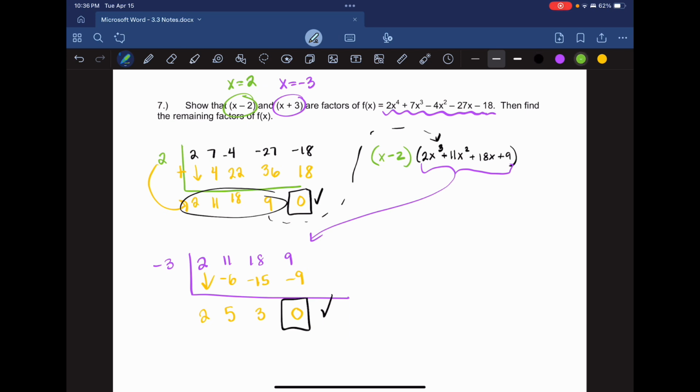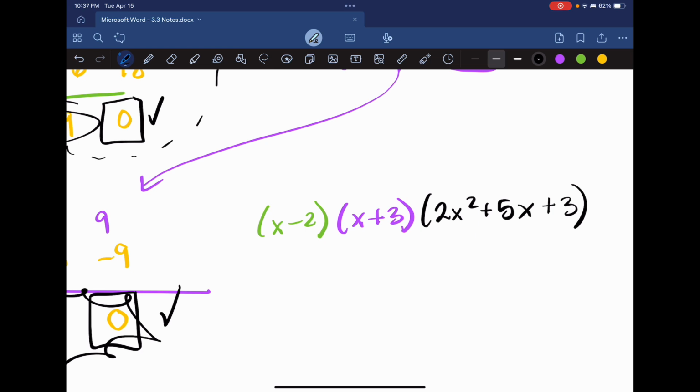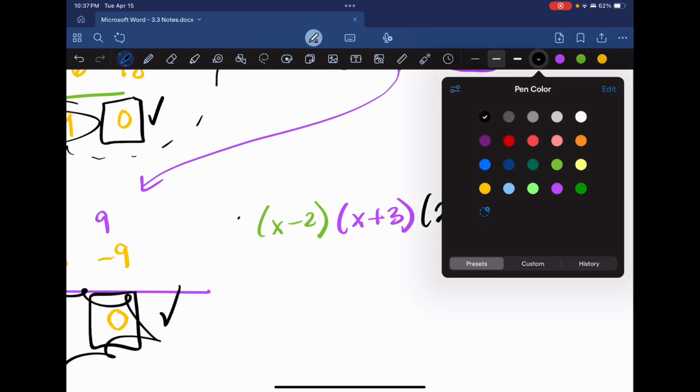And now let's just finish this problem. So I already showed that x minus 2 is a factor. Now I just proved that x plus 3 is a factor. And my answer here at the bottom tells me what I have left over. I've got 2x squared plus 5x plus 3. Now let's find our zeros.